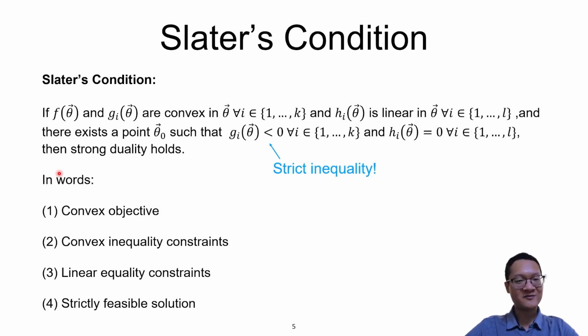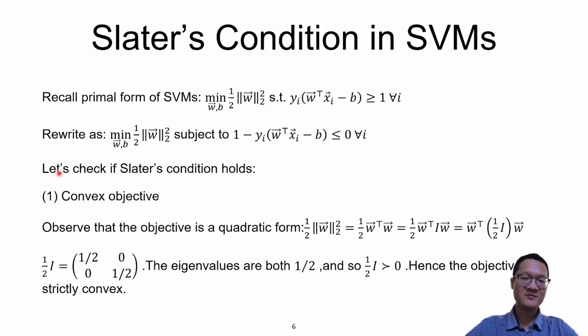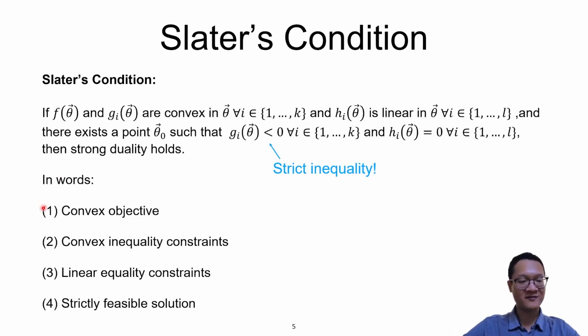So we're going to show that for the SVM optimization problem, Slater's condition holds. So that means checking all four of these conditions. For checking Slater's condition for SVM, I guess we just have to go through the four of them, right? So Slater's conditions. First of all, convex objective.